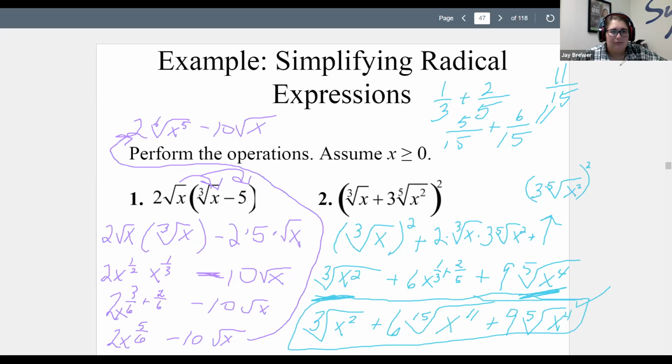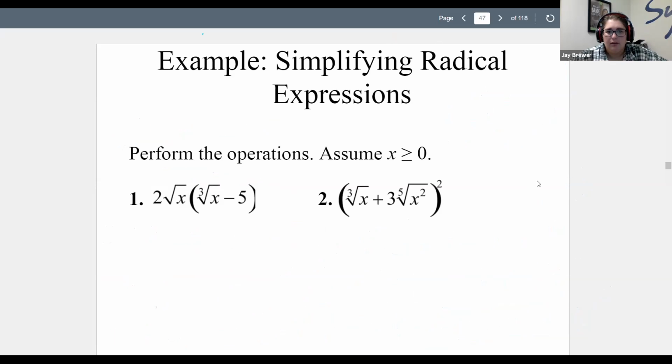You guys want the cleaner version? Those of you that are writing, it's up to you. I think they just take more steps. And I believe this is going to be the last problem that we do for today.